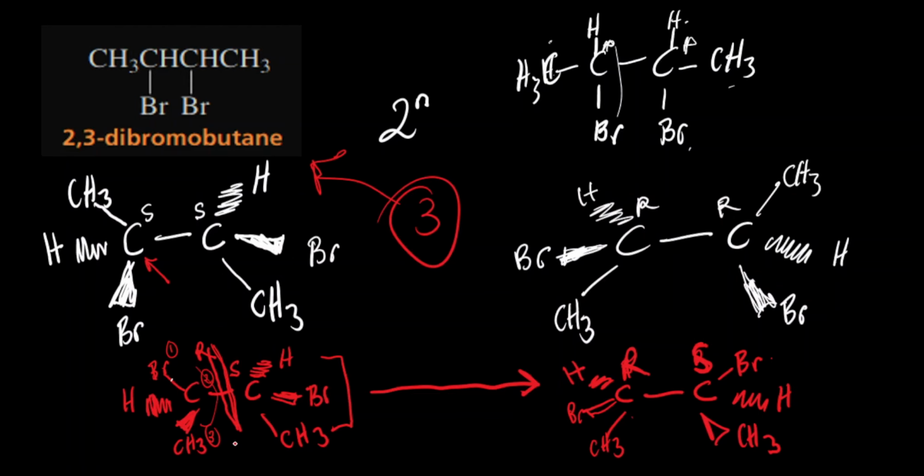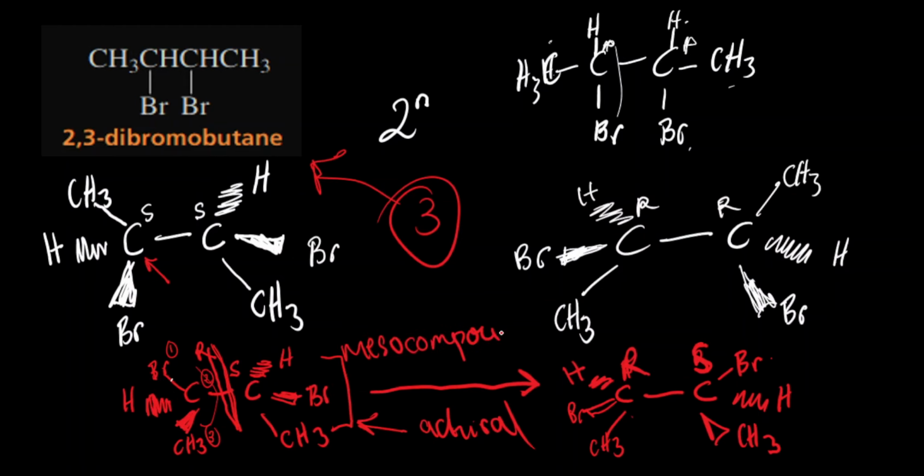So at the end of the day, there is no rotation. So although this compound has an asymmetric center, it's actually achiral, and so it exhibits no optical activity. It's called a meso compound.